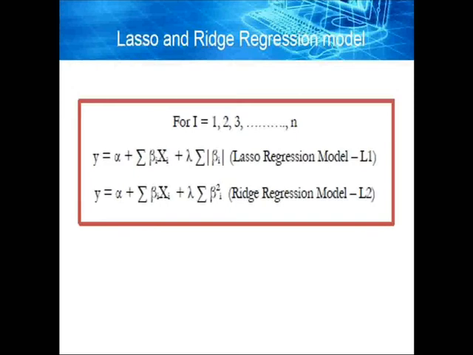These penalty terms are considered by the lasso regression model or the ridge regression model. Sometimes this is also denoted as linear model regularization. If we add an L1 penalty to the regression model, it is called the lasso regression model. If an L2 penalty is added, then it is the ridge regression model.